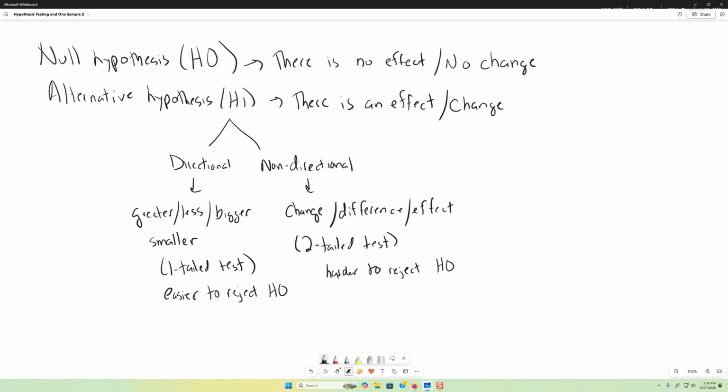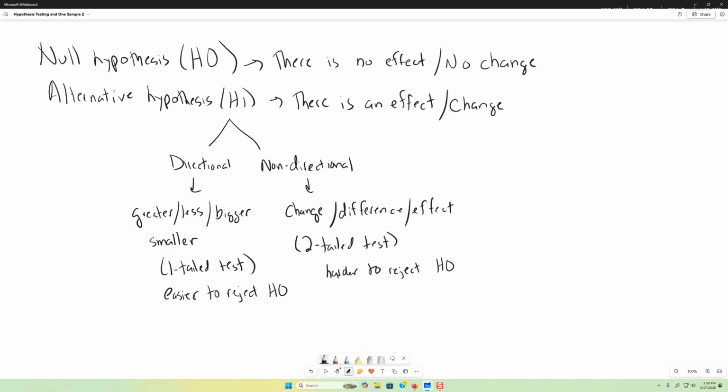Now, we do not want to run a one-tailed test unless we are absolutely certain we know the direction of the effect. If we don't know if it's going to be greater than or less than, we just think it's going to be different, then you don't run a one-tailed test. You can only run a one-tailed test, a directional hypothesis test, when you are absolutely certain you know where the direction of the effect is going to be.